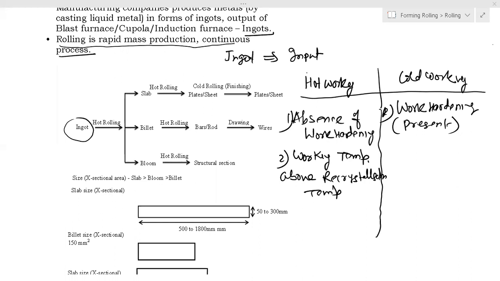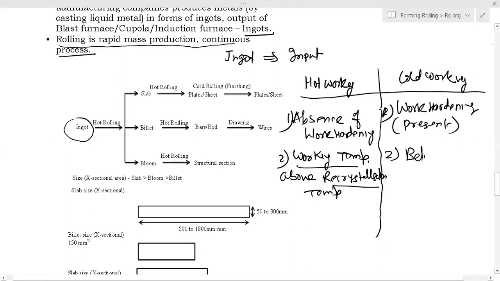Fine. So hot working is at a temperature above the recrystallization temperature, which we have already discussed, and cold working is below it. Generally, two-thirds of the melting temperature is the recrystallization temperature.